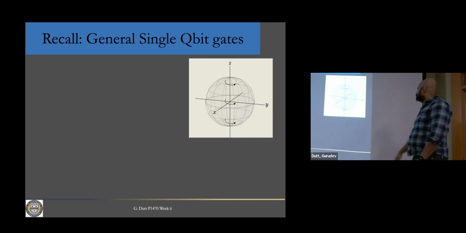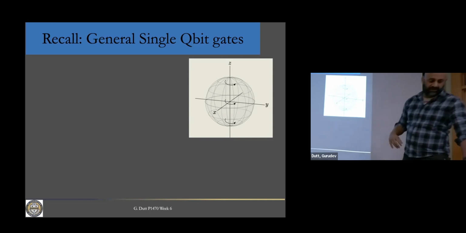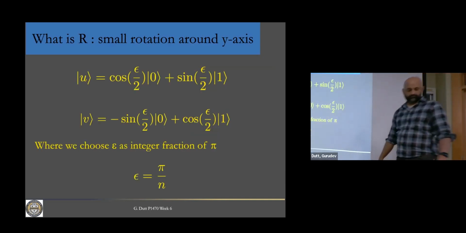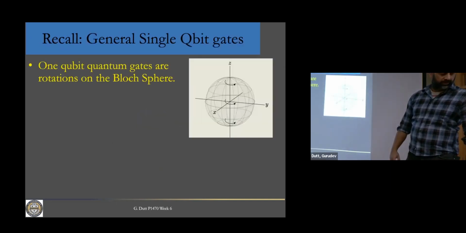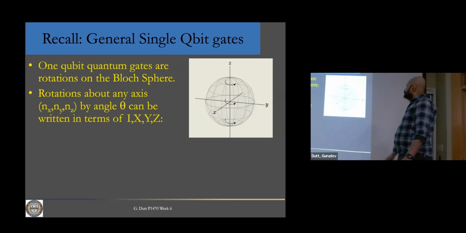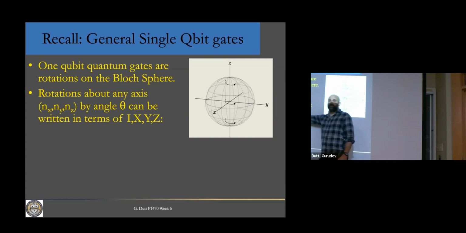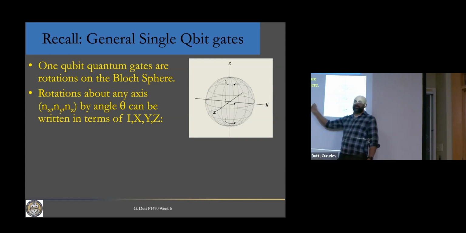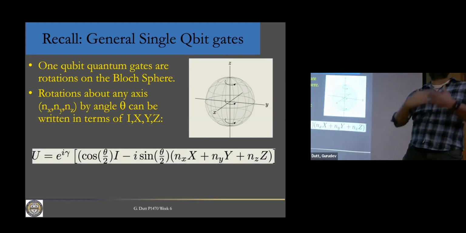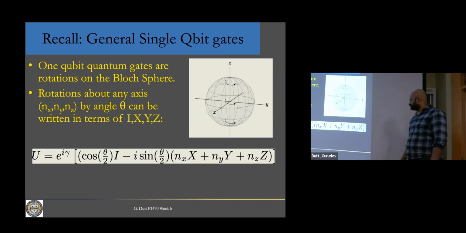Just to show you how I got that gate, that earlier expression over here. Recall that the most general 1 qubit quantum gates are rotations about any axis by an angle theta and can be written in terms of I, X, Y, and Z. We proved this result, or we postulated this result. I'm not going to prove it to you because you need some higher mathematics for it.